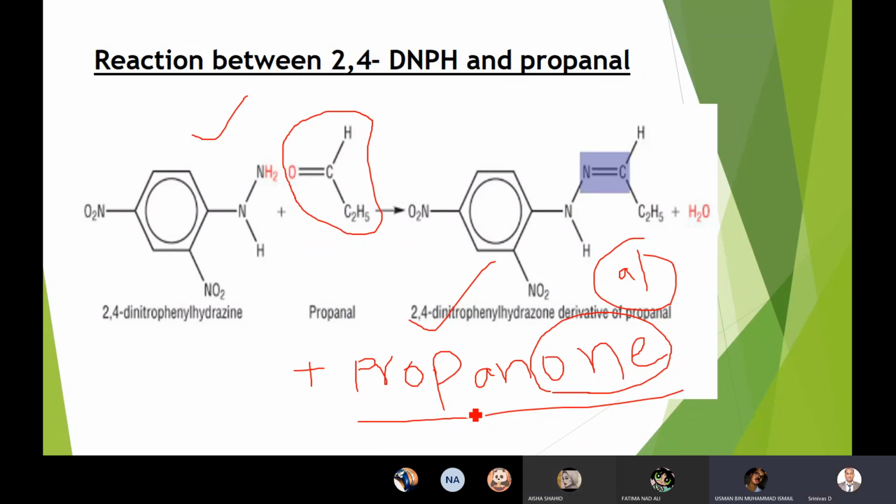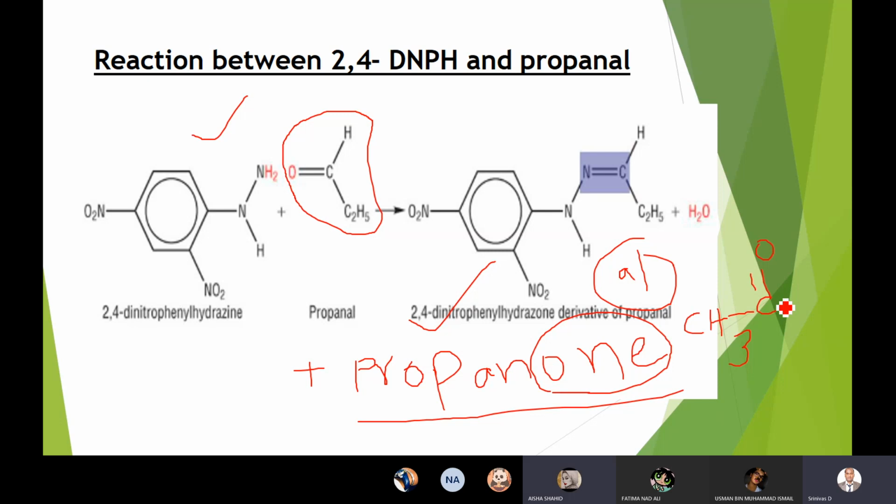Structural formula: it's CH3 bracket 2 CO. If I write the structural formula, it's CH3COCH3.